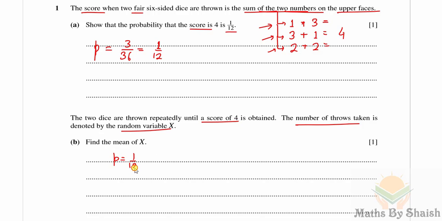So this random variable x is geometric with parameter 1 over 12, and the mean of x is the expectation of x. In the geometric distribution the expectation is 1 over p, so it becomes 1 over 1 over 12, that is 12. I hope it is okay. Let's do the next part of this question.